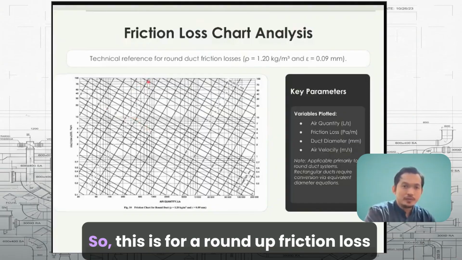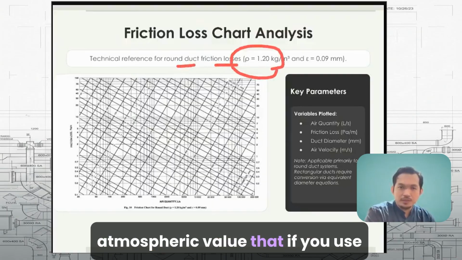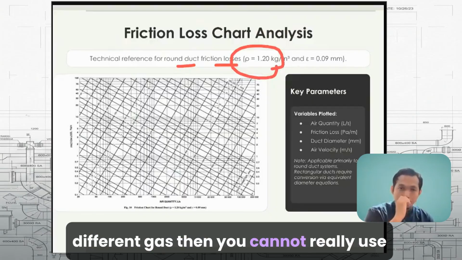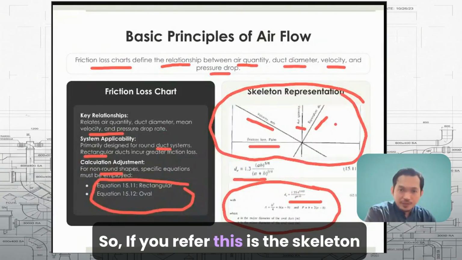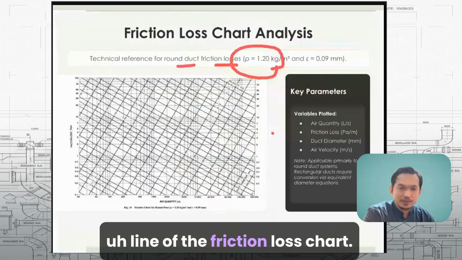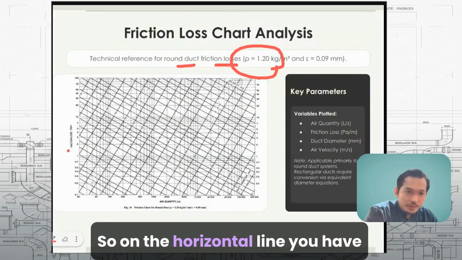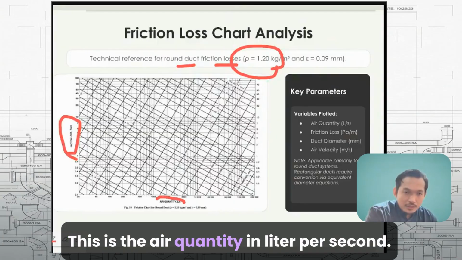Okay, so this is the friction loss chart for round ducts. It's just for atmospheric air. If you use a different gas, then you cannot really use this one. So if you refer, this is the skeleton line of the friction loss chart. On the horizontal axis you have the air quantity in liters per second.